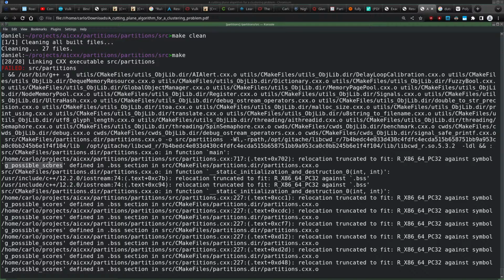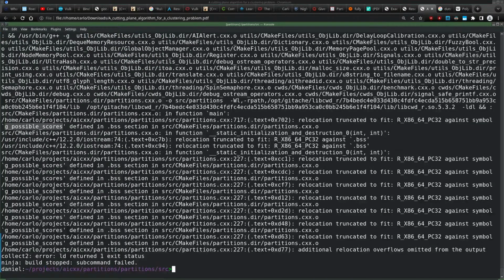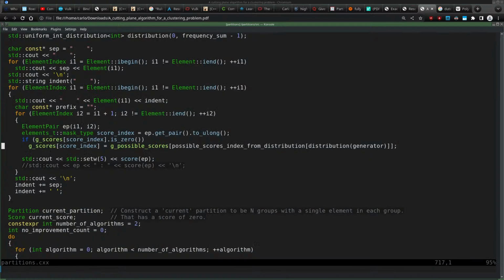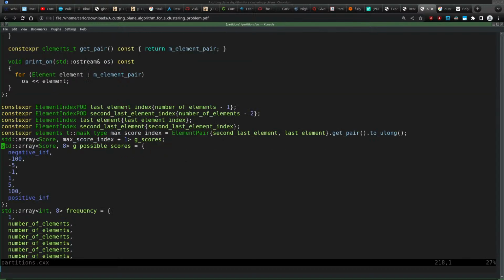Yeah, we have got too many edges, so I cannot store this. Yeah, 32 is way too big. Possible scores is, oh no.